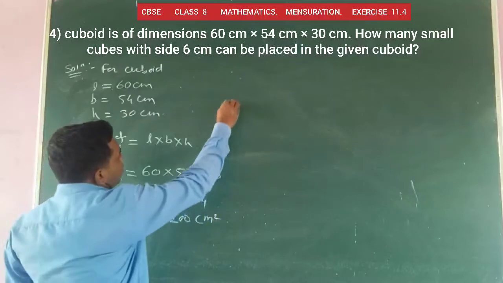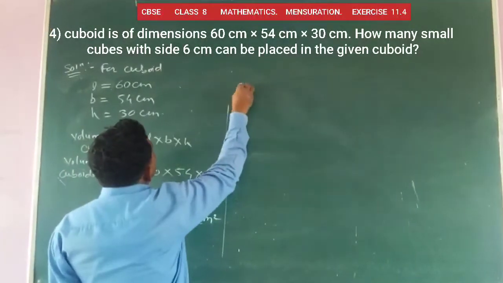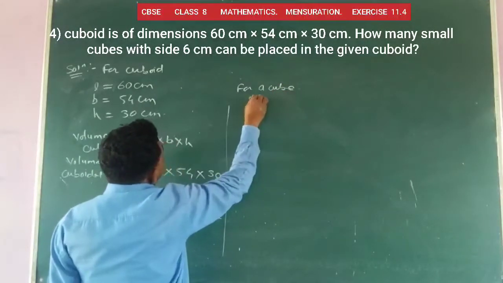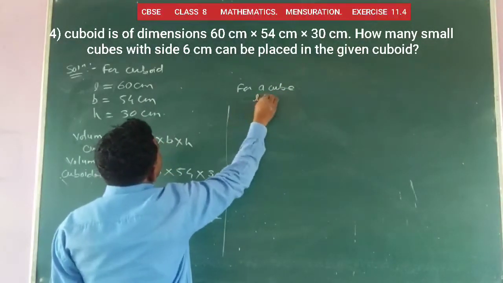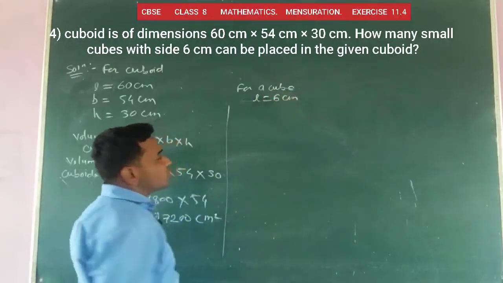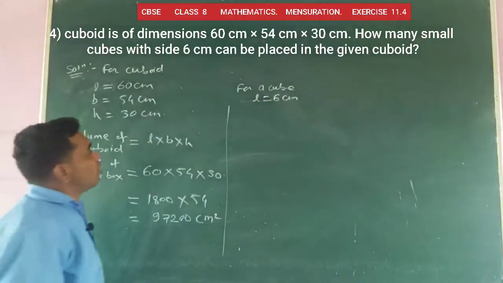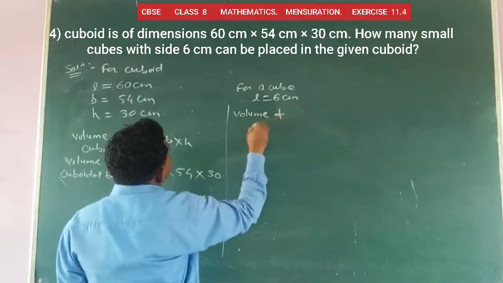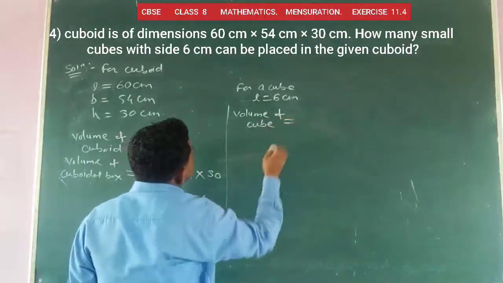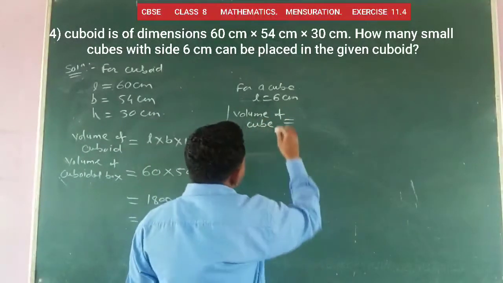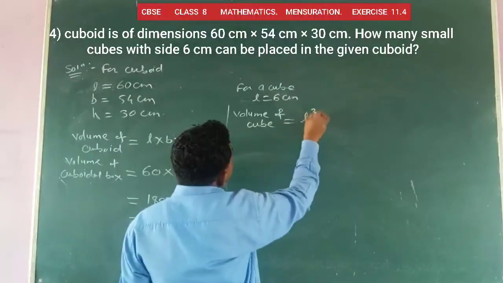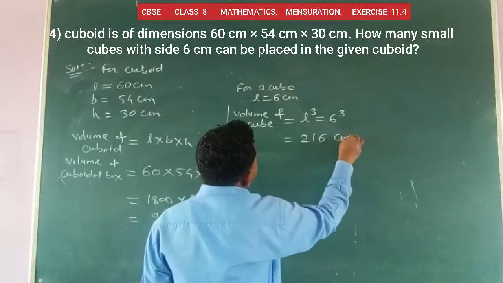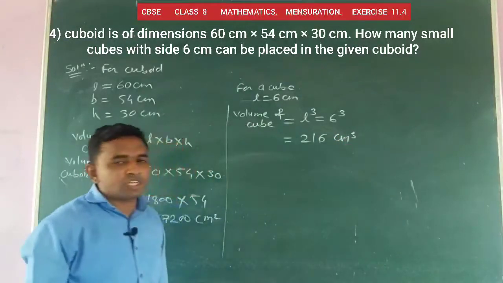Now for a cube, side L is equal to 6 centimeter. Now the cube can be placed completely in this box, so the volume of a cube is equal to L cube, that means 6 cube, that means 216 centimeter cube.